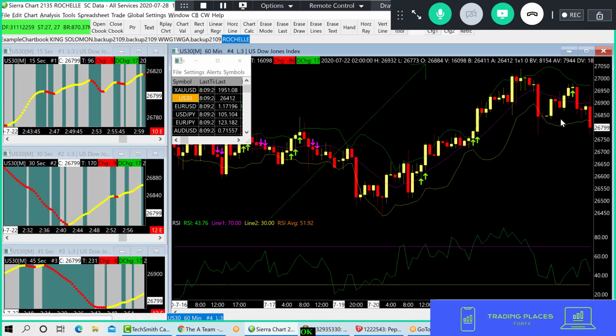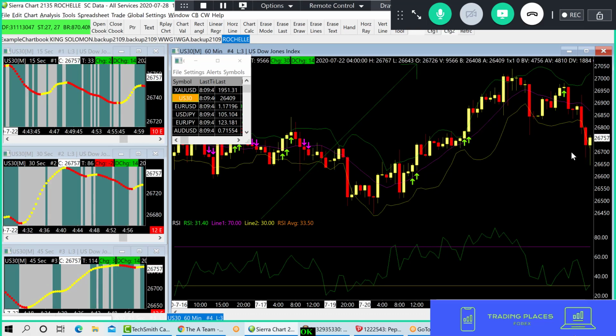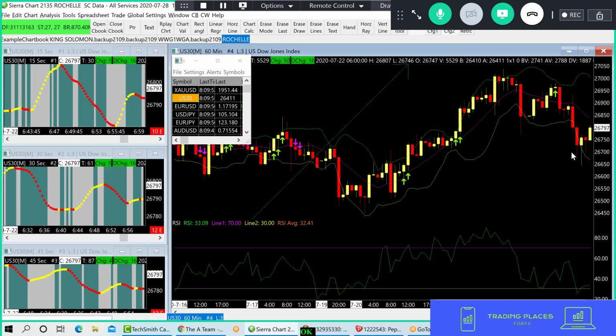All right, you see how this one turned red? This one's turned red. This one's about to turn red. This is still in the gray screen, so it's not ready yet. Look at this. It's already starting to turn. Look at that. That's pretty much a turn. This one's about to get soft. This one looks like it's going to get soft here. Nope, not a trade.